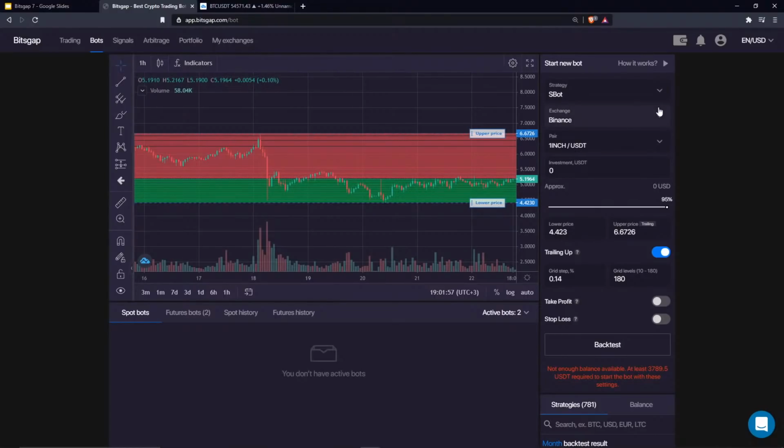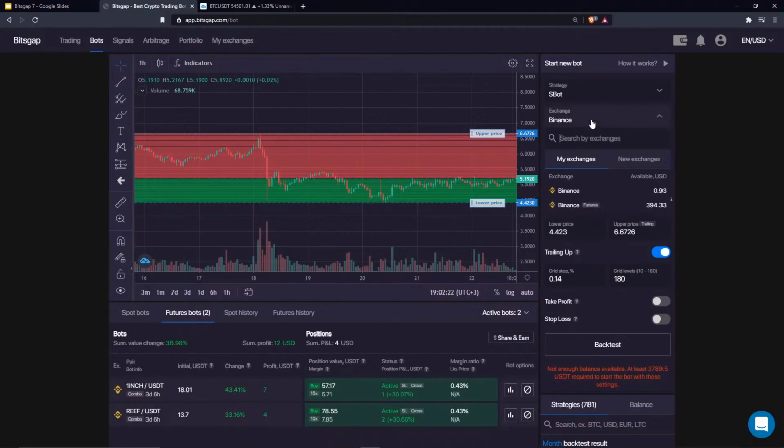So these are crystal clear bots for you. You know how to trade them, but we will also cover them a bit today just to make the comparison between the S bot, the classic bot, and the combo bot, so that you would know exactly at which market phase it is optimal to launch each of them. So as you switch to the futures bot, don't forget to switch your exchange as well.